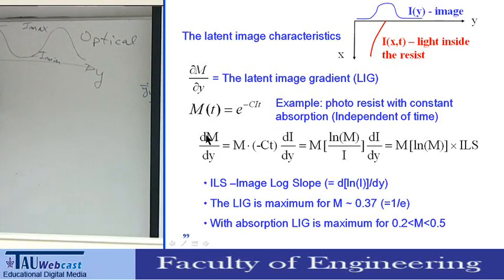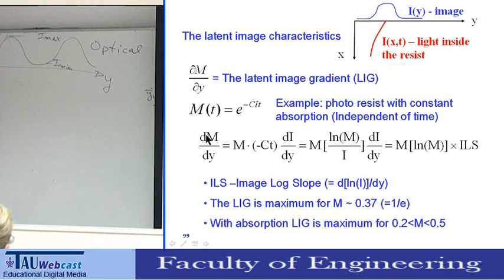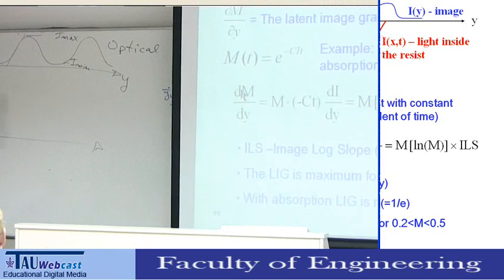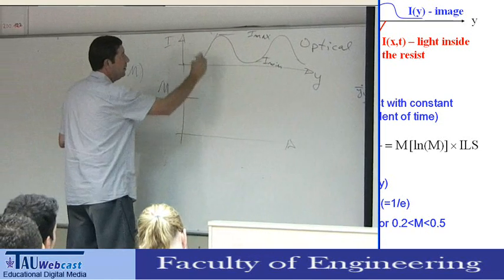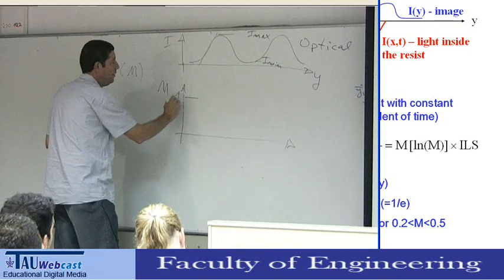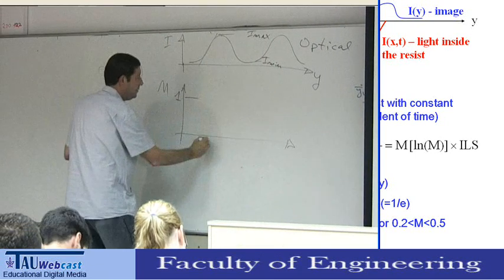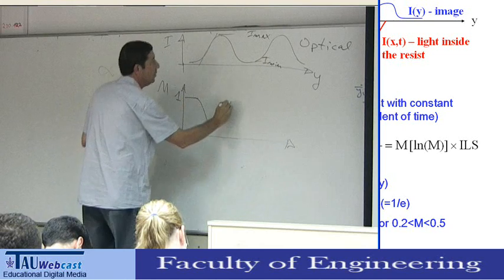that if this is the optical image, M in this direction, when it's dark it's equal to 1, and when there is light it's going to 0.